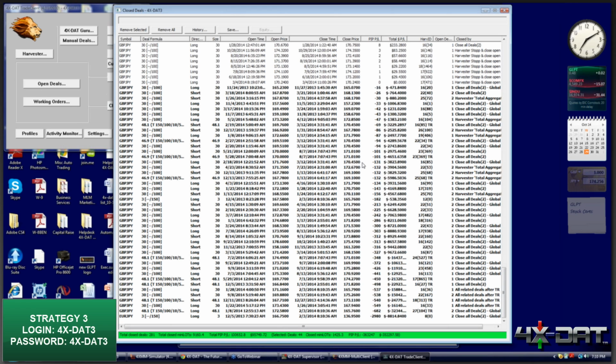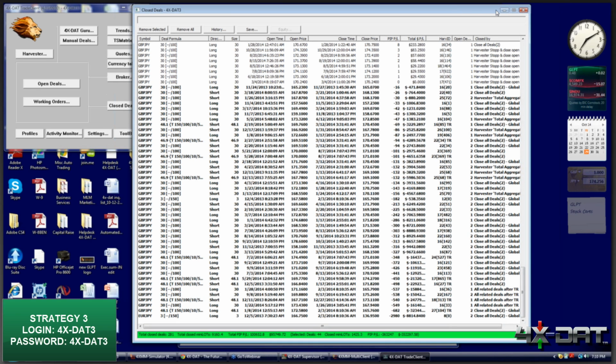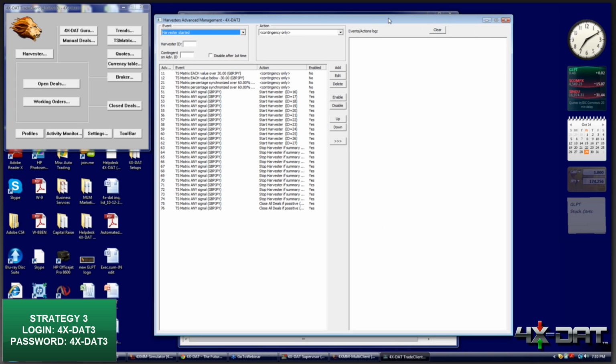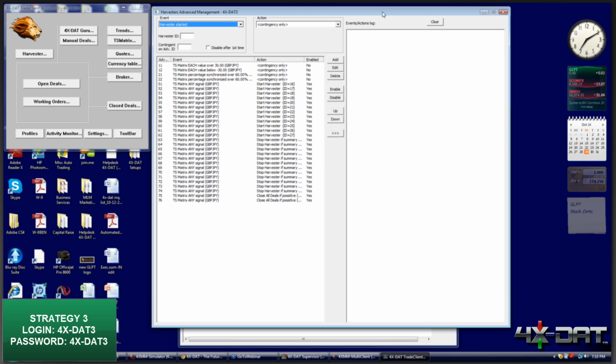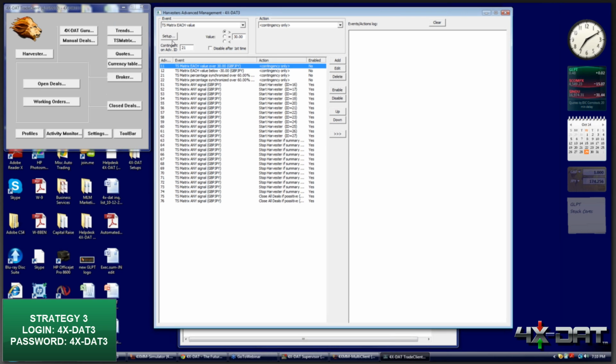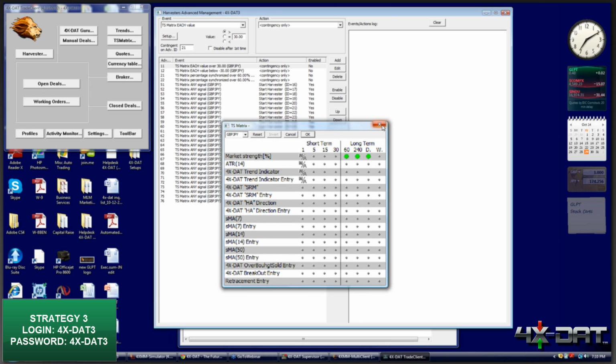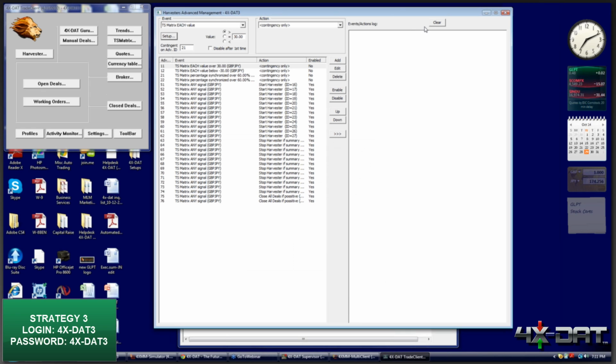So you can tell that there's a very high probability of having a winning trade because of the way the strategy is set up, and this is due to the fact that it is a trend-based strategy. Every trade is contingent upon the market moving in the direction of the intended trade.